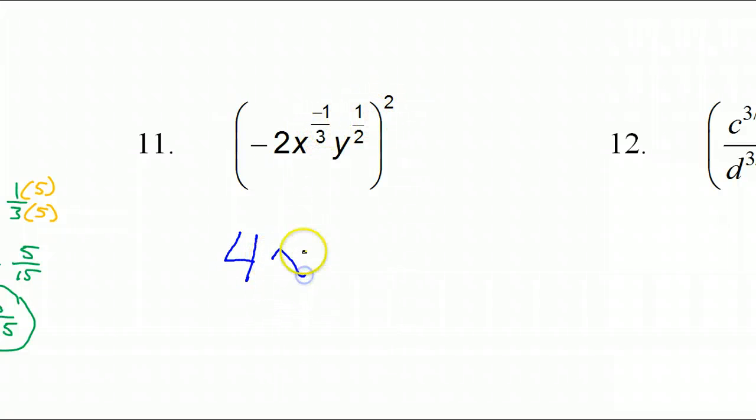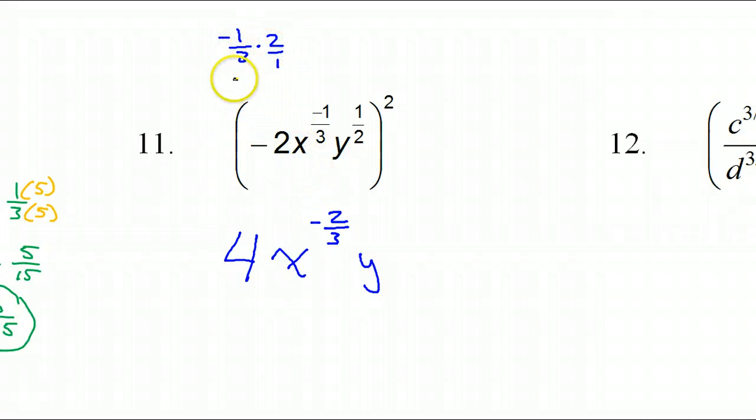So this is going to give me x to the -2/3 power and y to the 1 power, which is just y. As far as the -2/3, I did -1/3 times 2, which is 2/1. -1 times 2 is -2. 3 times 1 is 3. So that's where the -2/3 came from.